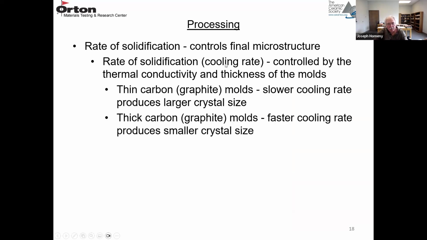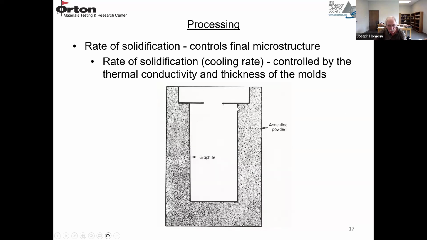So again, the rate of solidification is controlled by the thermal conductivity of the molds, and that controls the final microstructure. So a thin carbon or graphite mold gives rise to a slower cooling rate, and that produces larger crystal sizes. So when this graphite mold is really thin, heat is extracted very slowly because you have a lot more annealing powder.